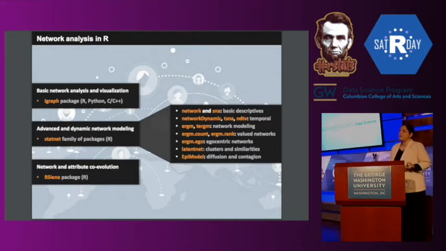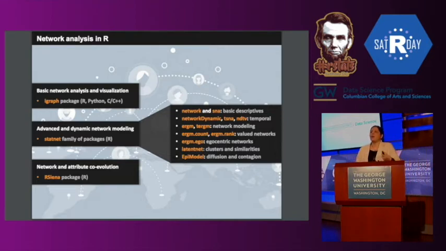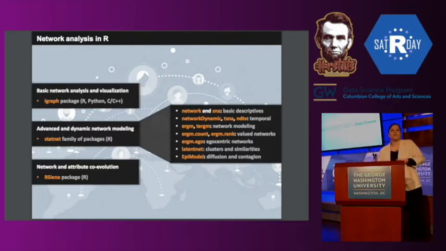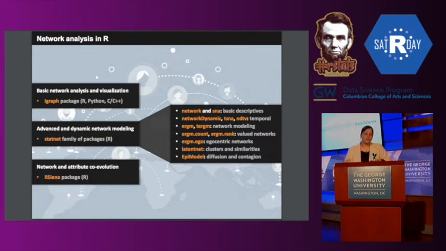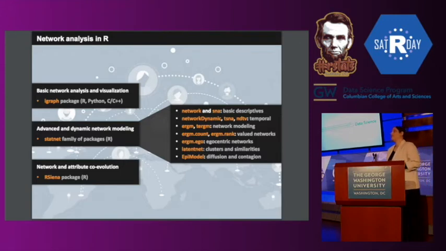Does this network happen because, if it's a social network, people connect to others who are similar to them? Does the network evolve because we like to introduce others to friends of friends? Does it evolve because we like to reciprocate relationships? Stuff like that. We can model networks and try to guess what the generative processes behind those networks are, right? This and a bunch of other modeling problems are solved by the StatNet family of packages.